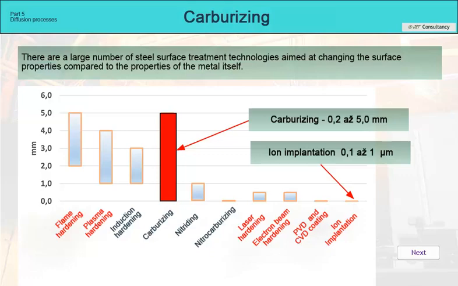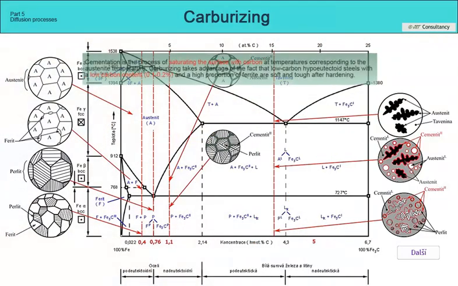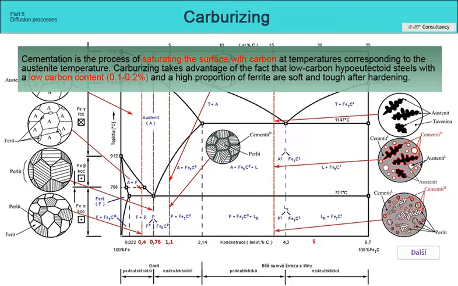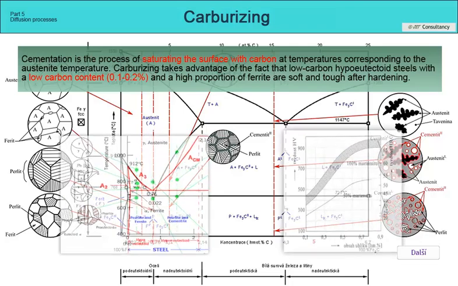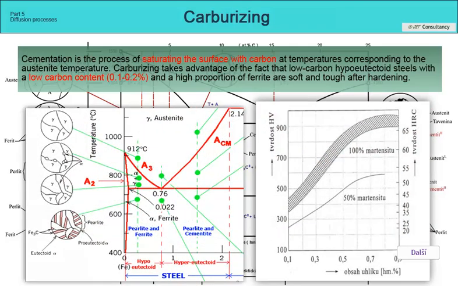So what is it? Carburizing is the process of saturating the surface with carbon at temperatures corresponding to the austenite temperature. Carburizing takes advantage of the fact that hypoeutectoid steels with a low carbon content of 0.1 to 0.2% and a high proportion of ferrite are soft and tough after hardening.